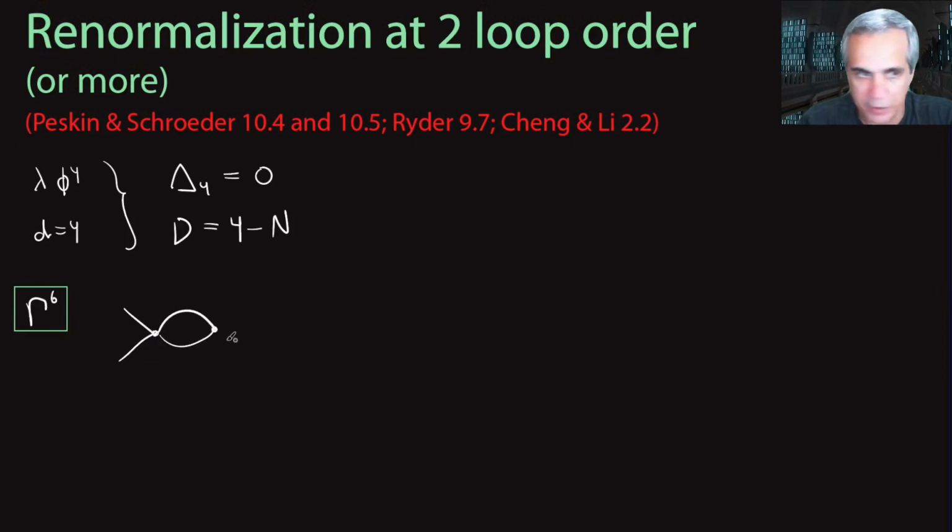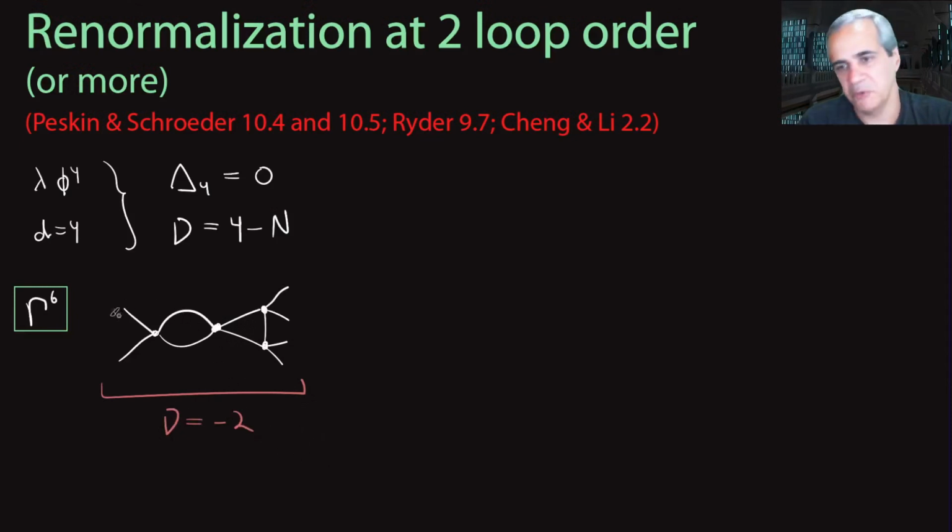So I put a loop here, another one here, and this is it. If you want to check if this is possible, just make sure that every vertex has 4 lines coming out of it. Since the superficial divergence only depends on the number of external legs, this has 6 legs, so D is minus 2.